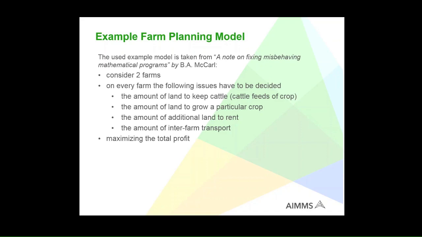The amount of land to rent, maybe you want to rent some extra land to grow some more crops. How much you're going to transport between farms, and as you can imagine, all those cost money or generate revenue, and the goal is to maximize the profit.